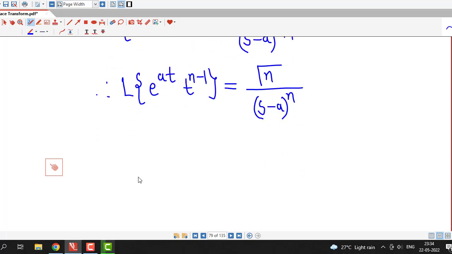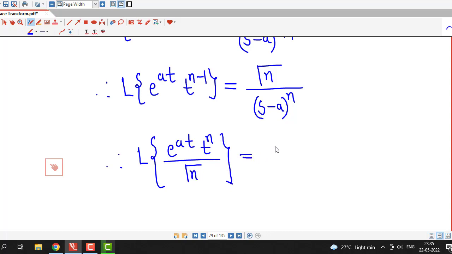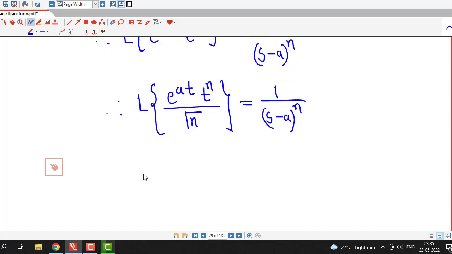And this gamma n is constant, so I can shift it to the left hand side, and I obtain that Laplace transform of e raised to at times t raised to n minus 1 divided by gamma n equals 1 divided by s minus a raised to n. So here we obtain the formula for L inverse of 1 divided by s minus a raised to n.